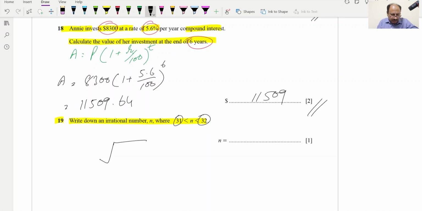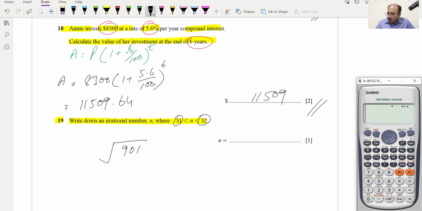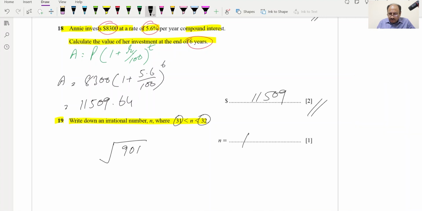The square root of 900 is 30, so we can take anything like 901, 902, 903 and so on. So 901, and if we check the root of 901, this will be equal to 30.101. So this is basically in between, so we can write root 901. This is the irrational number.